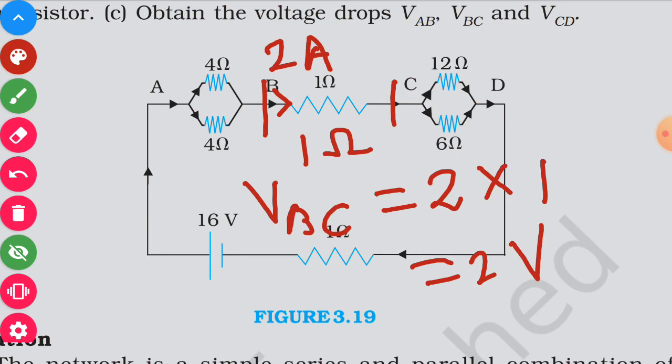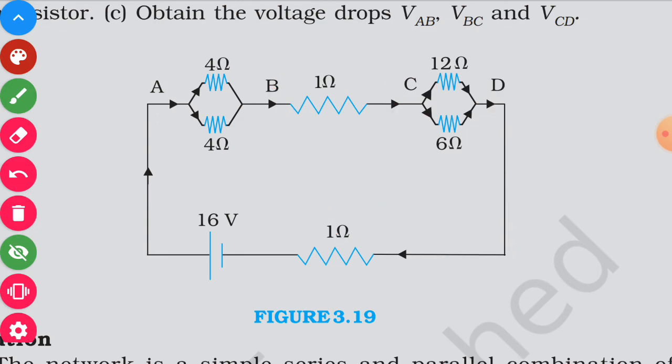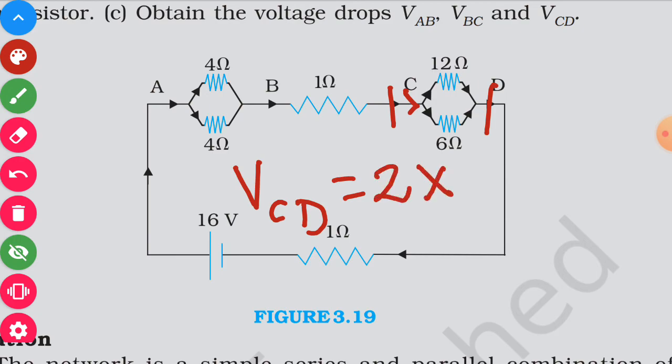Again it's easy. Now voltage between C and D we want to calculate. Current is 2 ampere only, multiplied by the equivalent resistance of 12 and 6 ohm which are in parallel, and that resistance we have found, what was that? 4 ohm. So this becomes 8 volt.